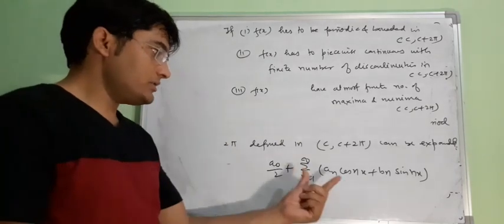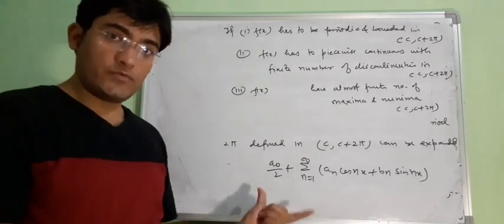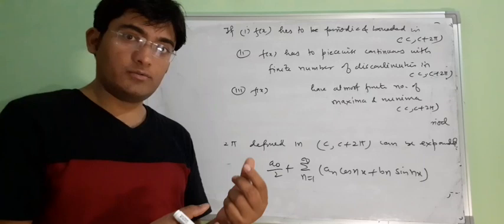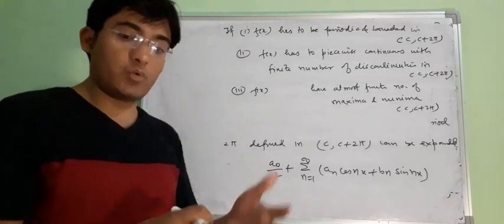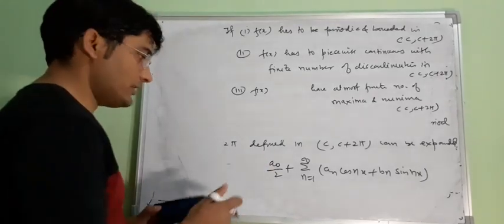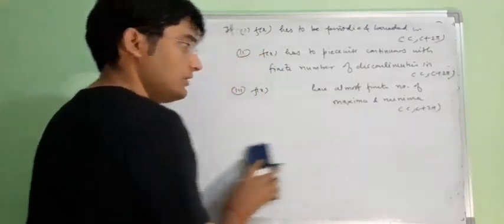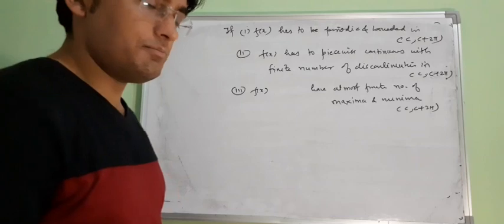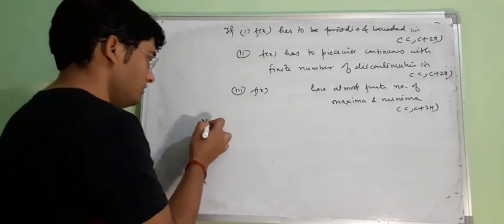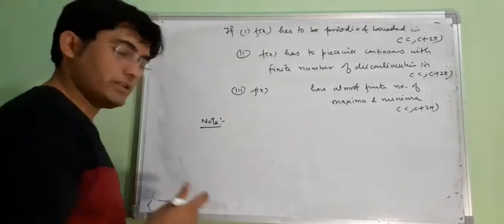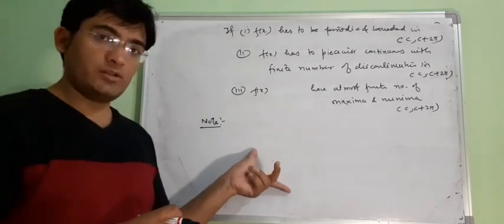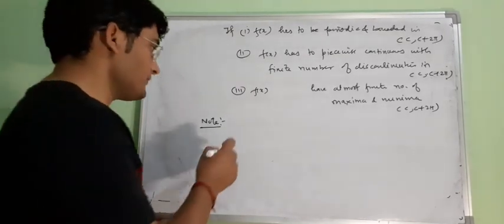And now if this series converges to f(x), then what is the value of this particular series at some point? Now let us compute the value of the function at some particular point. Please note down these formulae very carefully, because we will need them during the questions.